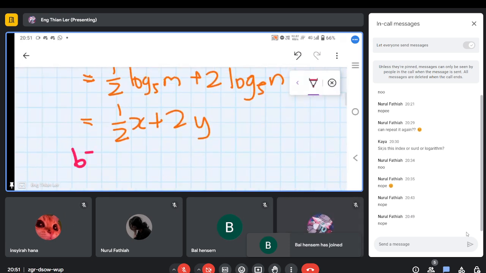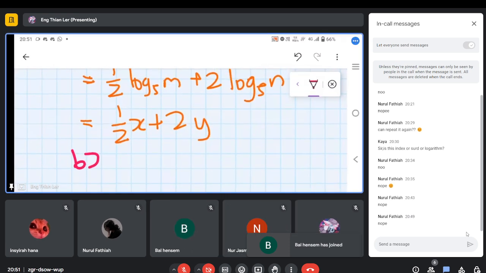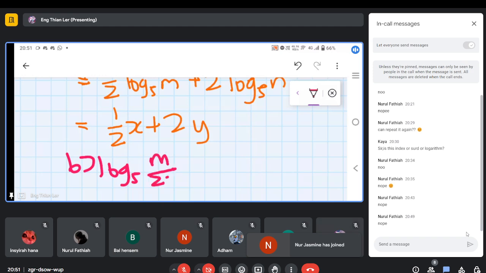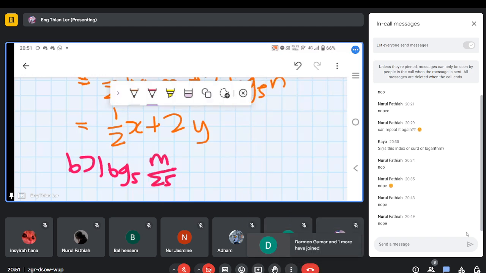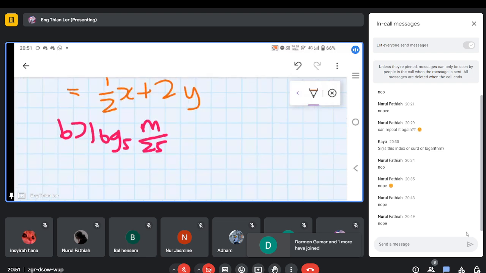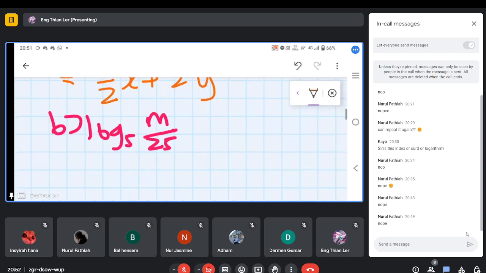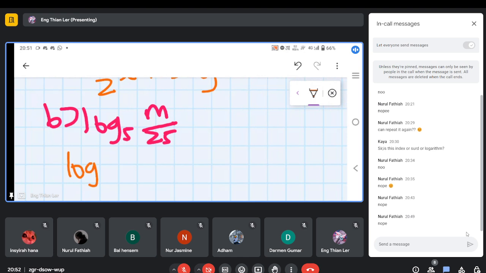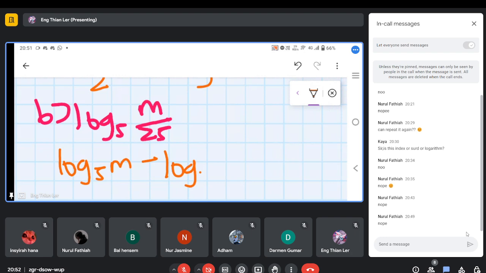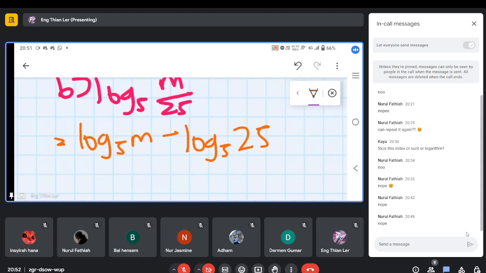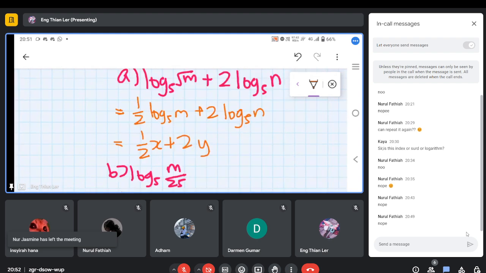For b, we have log base 5 of m over 25. Now we have the same concept, but we have the divide by 25 right here. So just simple. We just use the law of logarithm: log a over b equals log a minus log b. So what is log base 5 of m? It is just x based on the question.